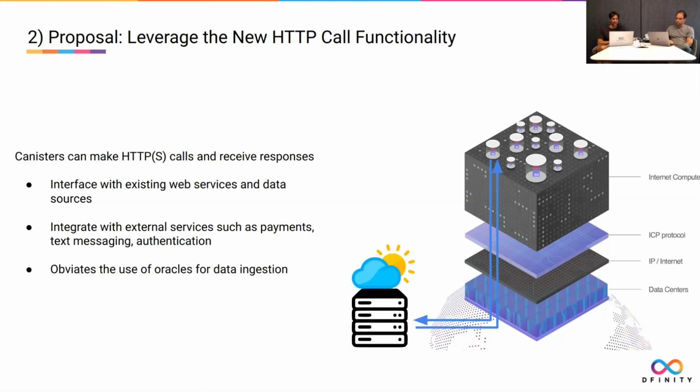It makes it possible to interface with any kind of existing web services and data sources on the traditional web. It essentially replaces any kind of oracle you would need otherwise for data ingestion, because you can write a canister that simply fetches data from the sources itself.